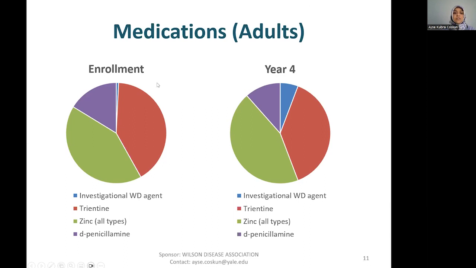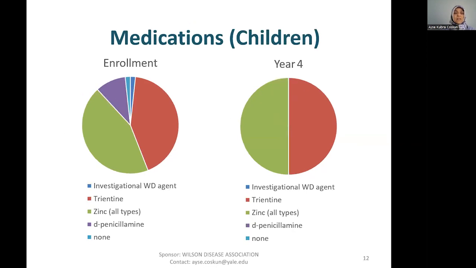On the left, you see distribution of treatment modalities when our patients came in first time, and on the right is what they had at the end of the 4th year. Similarly, here we see the change in medication categories between the enrollment and at the year 4 follow-up among our pediatric patients.